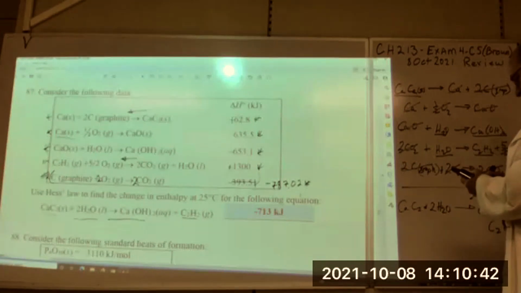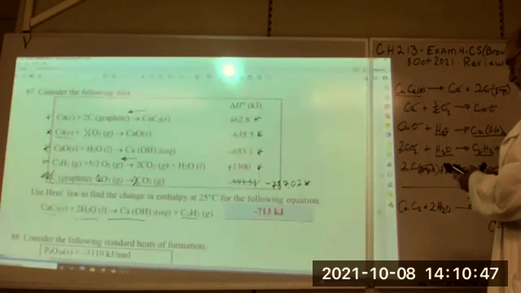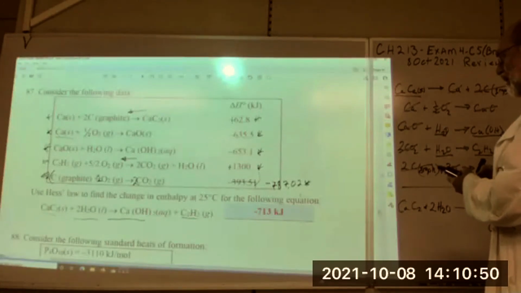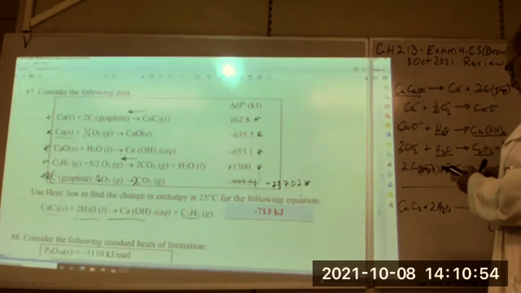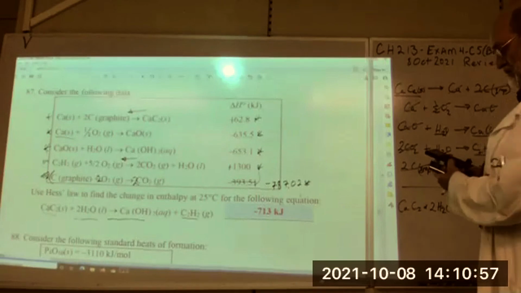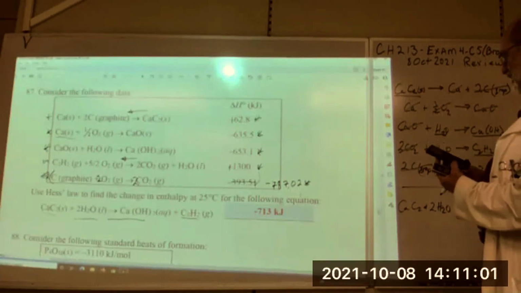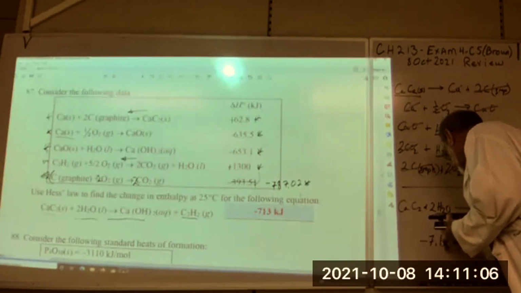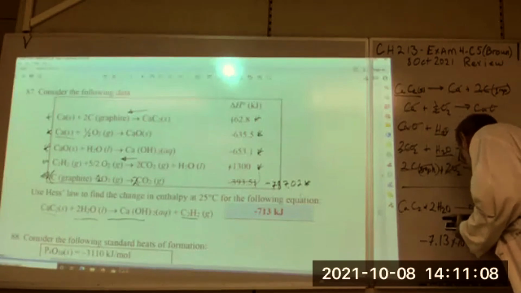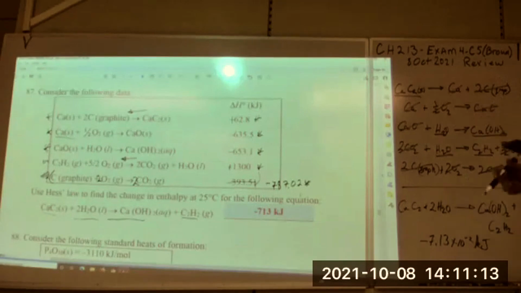Yep. Plus 1,300. And minus 787.02. So I get, rounded off, minus 7.13 times 10 to the minus 2. Yep, that's it. Oh, excuse me, not minus 2, plus 2.